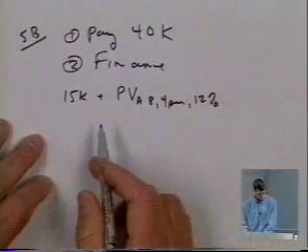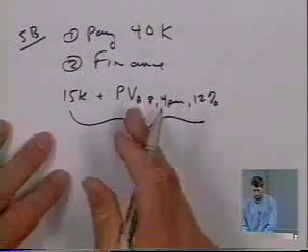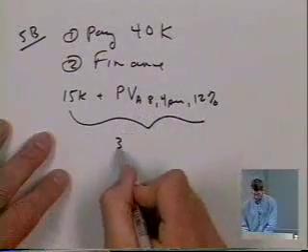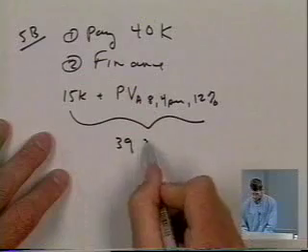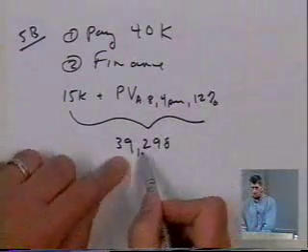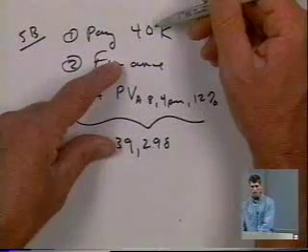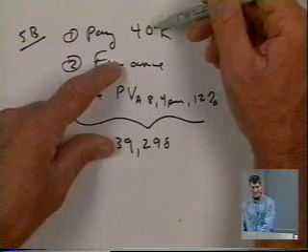Now, when we add all that up, we get $39,298. Hence, the cost of financing is less than the cost of paying $40,000 in cash up front.